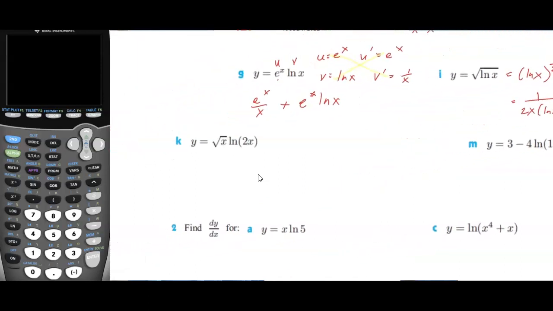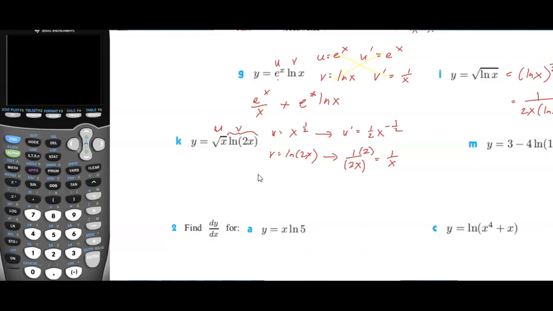K equals y equals square root of x times natural log of 2x. This is a product again. This is u. This is v. So u is equal to x to the 1/2. V is equal to natural log of 2x. Derivative of u is 1/2 x to the negative 1/2. Derivative of natural log of 2x is 1 over the inside function times the derivative of the inside function, which becomes 1 over x, which is also the derivative of natural log of x.